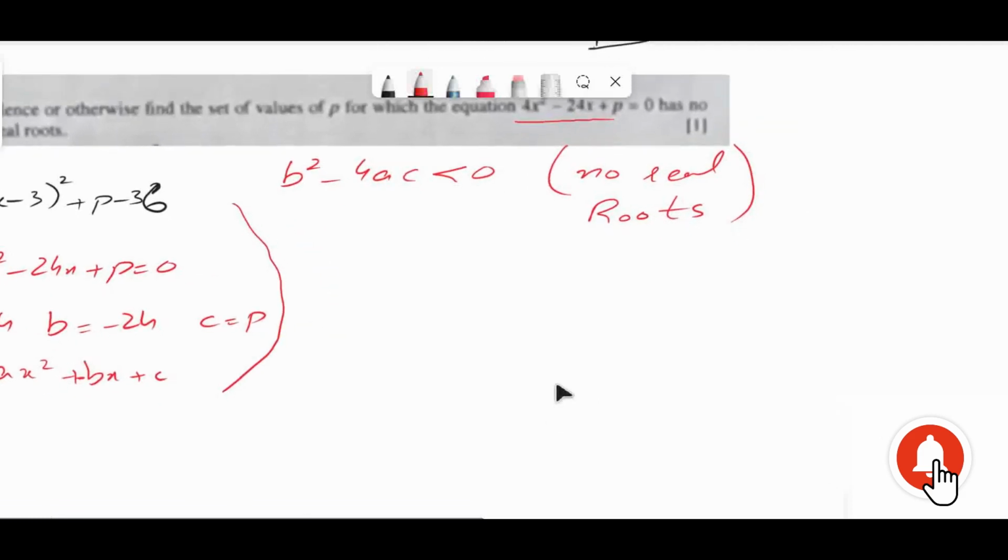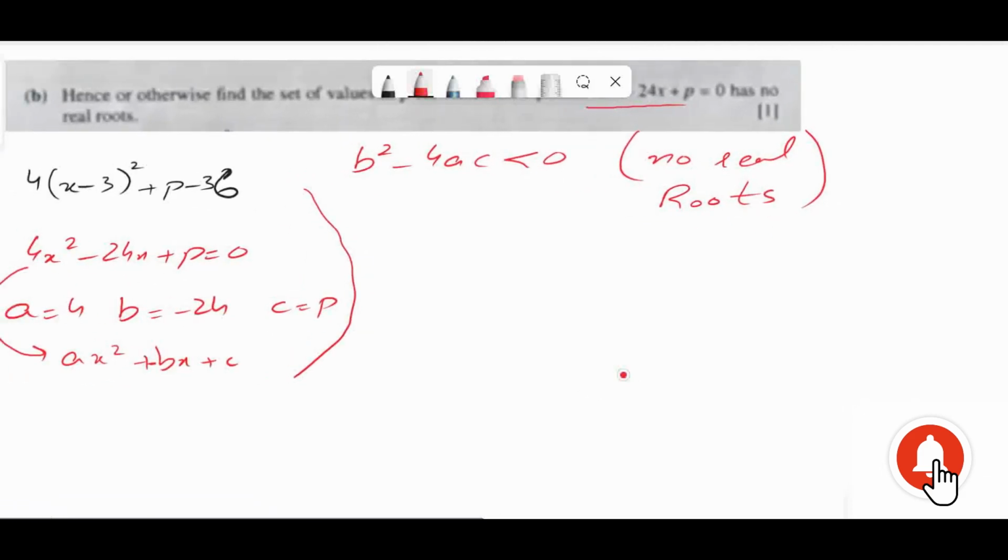So simply put it over here. The value of b was minus 24, so this must be minus 24 square minus 4, where a is 4 and c is p.